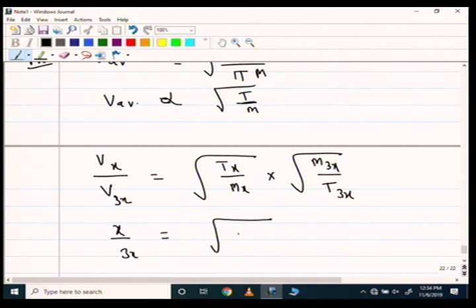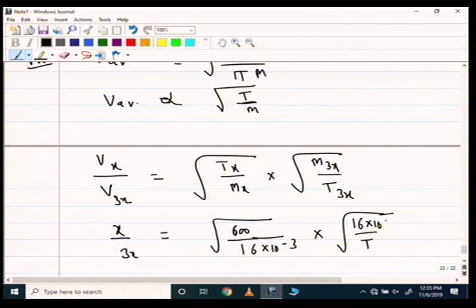Temperature given to us initially is 600 kelvins. Molar mass is 16 into 10 to the power minus 3, into, they are asking for the temperature, so just put it T, and the mass is again 16 into 10 to the power minus 3.